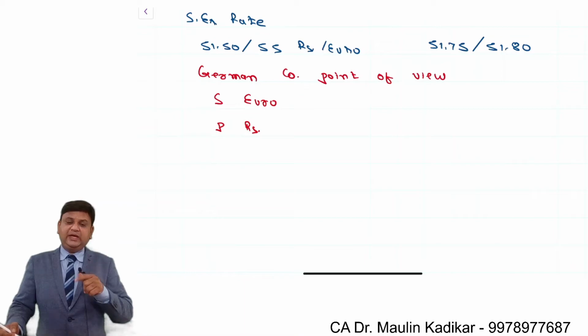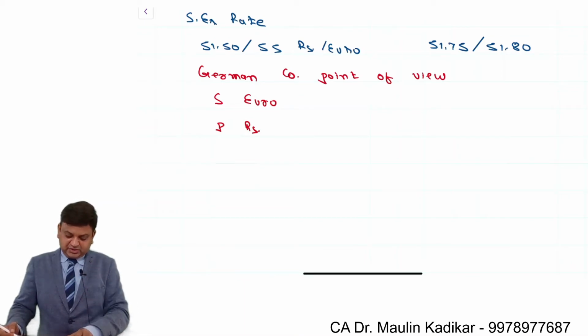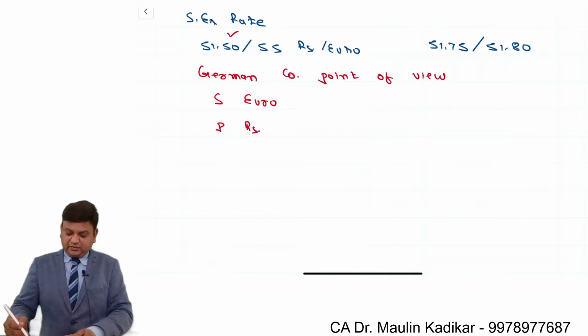Taking into account the exchange rate in the first part of the question, so this is the exchange rate. Now in the second part of the question, so this is the exchange rate.